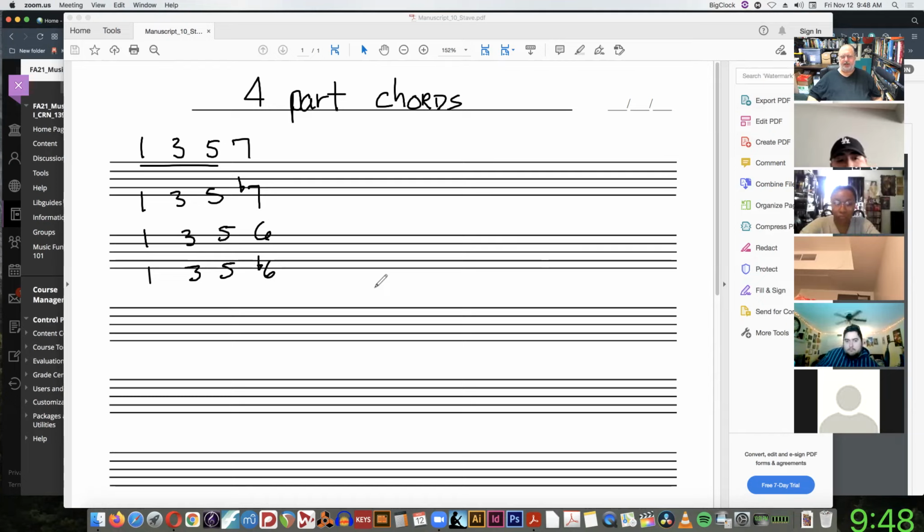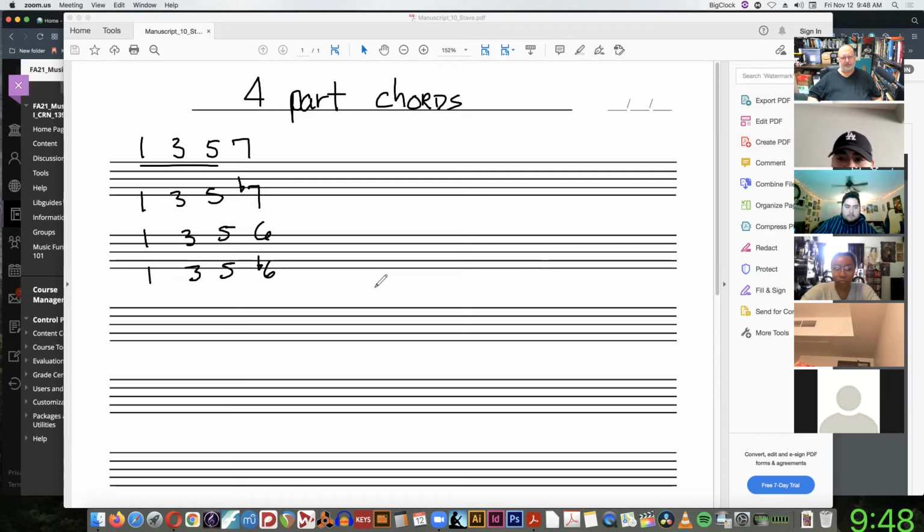What happens if you raise the 7? It goes up a half step, right? What does it become when you raise the 7 up a half step? Sharp 7. Are you serious? If you got the chord C, E, G, B, and you take B and you go up a half step, it's an 8.